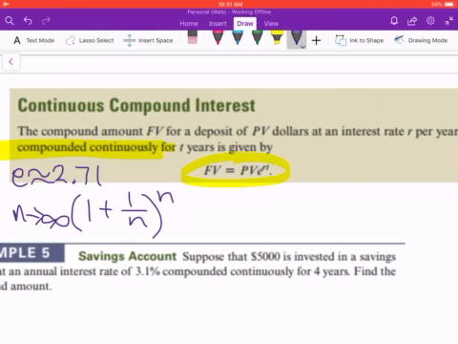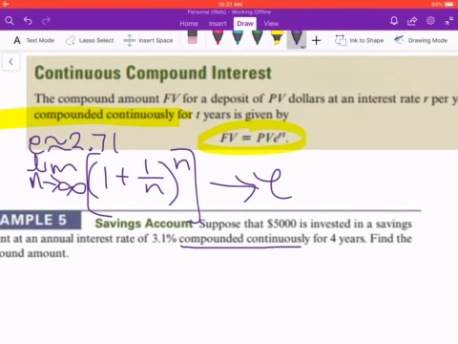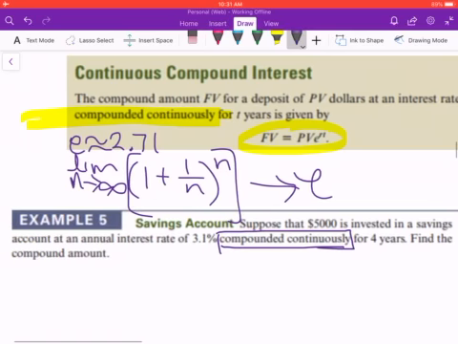So what happens with this one is that it will approach E. And so that's why we have a different formula for continuous compounding. And the way you will know which formula to use is because you will find words like the ones I just enclosed in a rectangle.